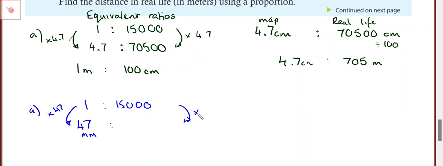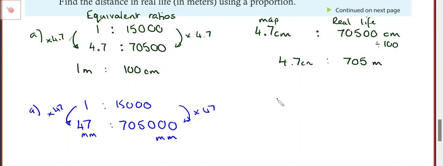So what's this? Times by 47. You shouldn't need one, actually, because it will just be 705,000, because this one is only 10 times that one. So that would be in millimeters.